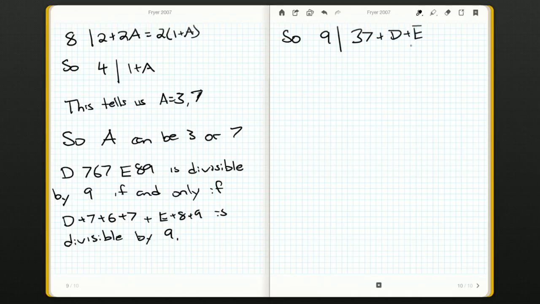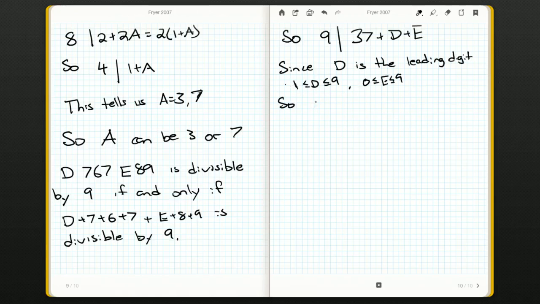Okay. Not hard to see that D plus E goes between 1.